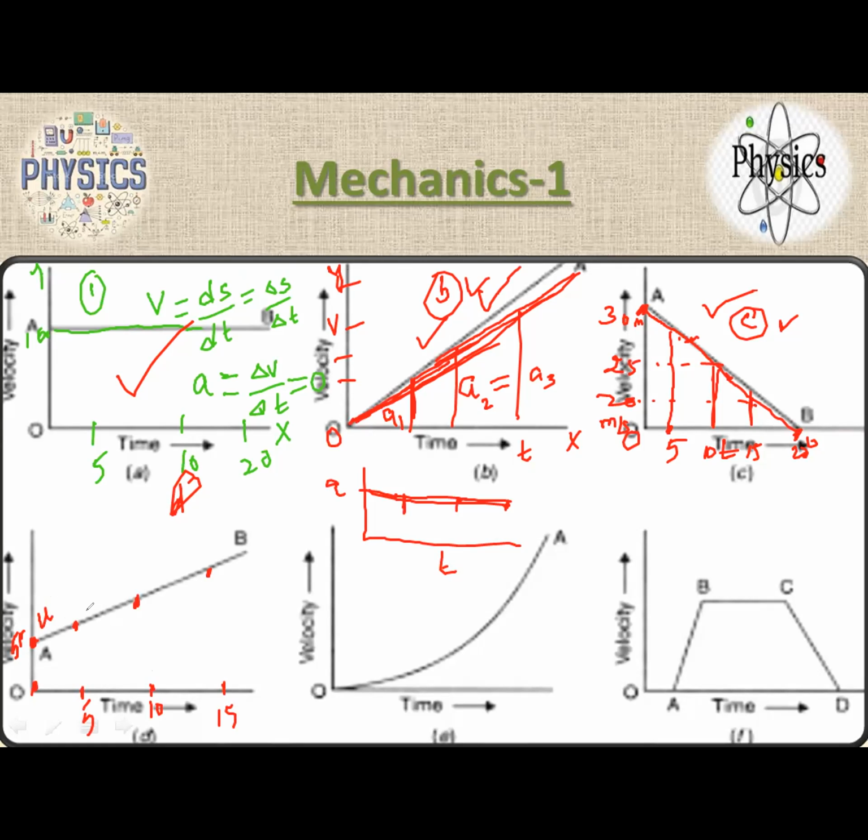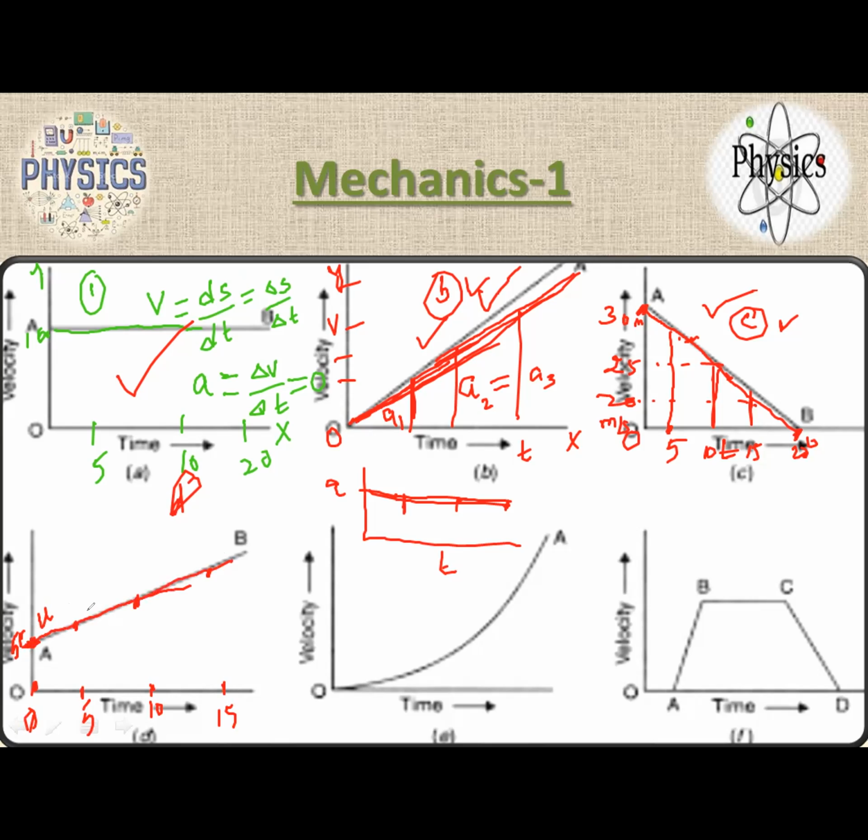If someone asks you from that diagram whether the body is at rest initially, no, because I can clearly see that it has some velocity even at zero time. As you increase the time, the velocity gradually changes, but it is not uniform.